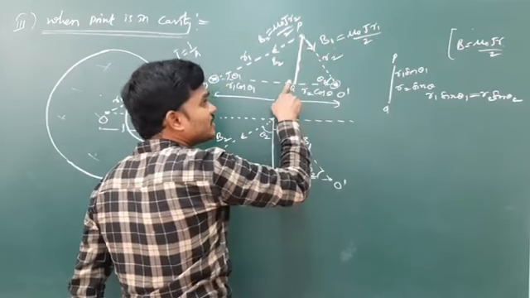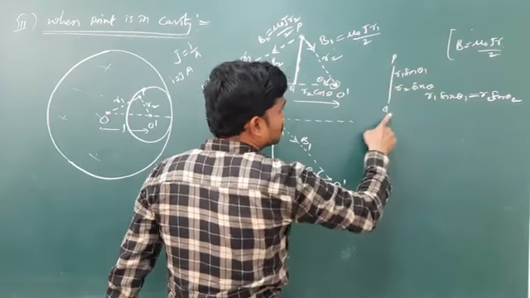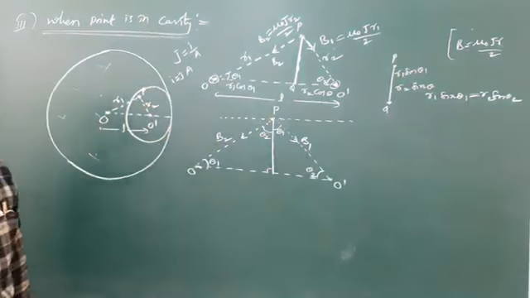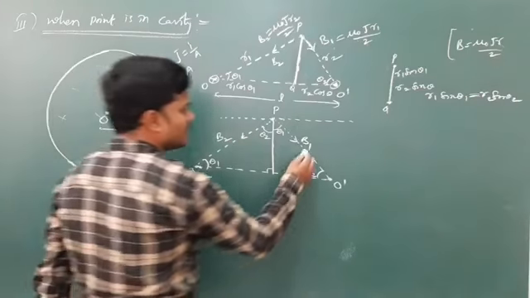See the height, R1 sin theta 1 is balanced by R2 sin theta 2. So R1 sin theta 1 is equivalent to R2 sin theta 2. Keep that in mind.